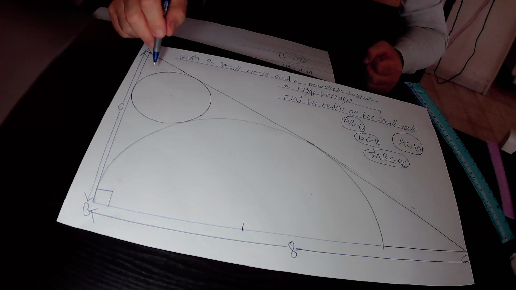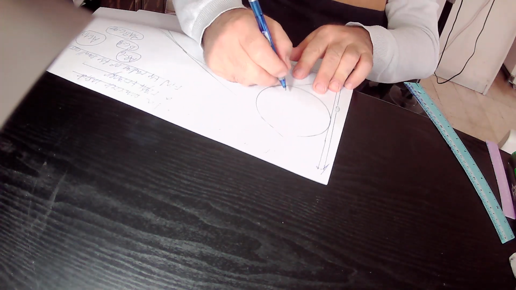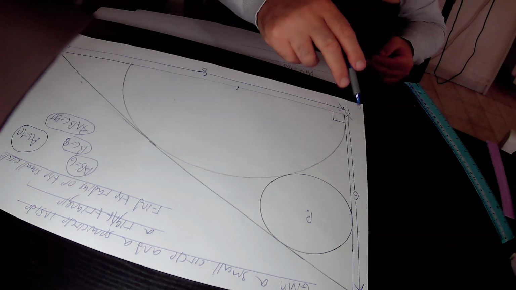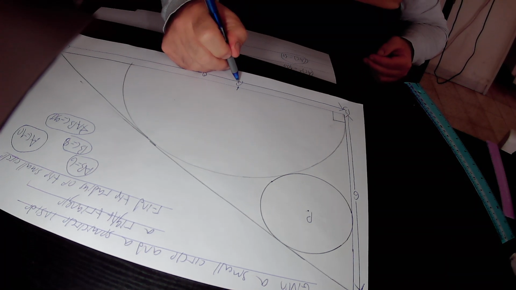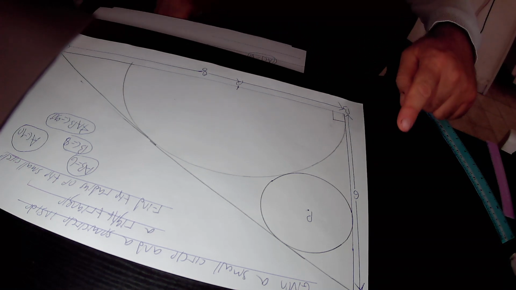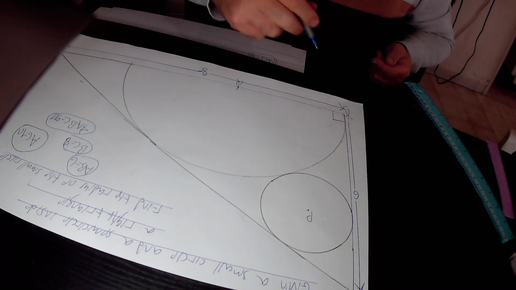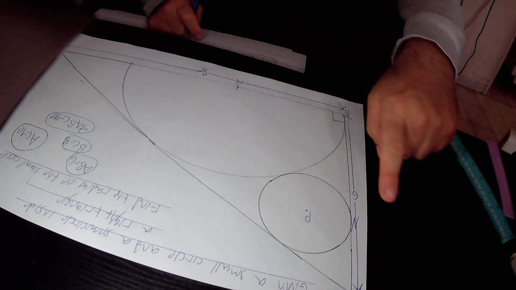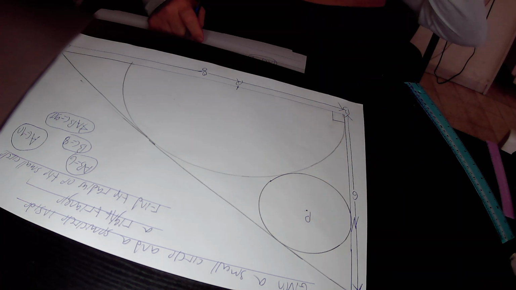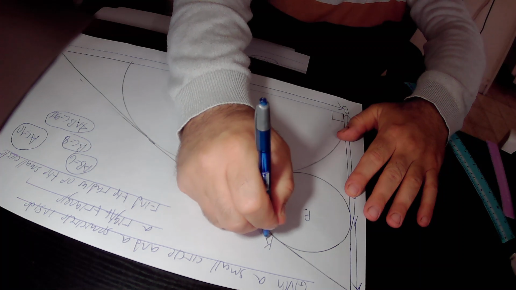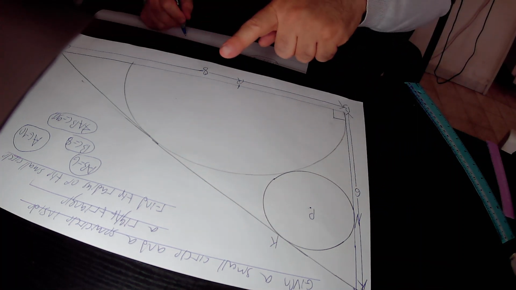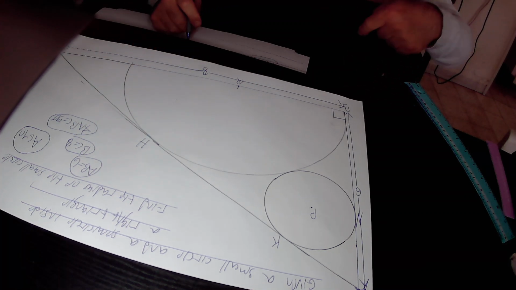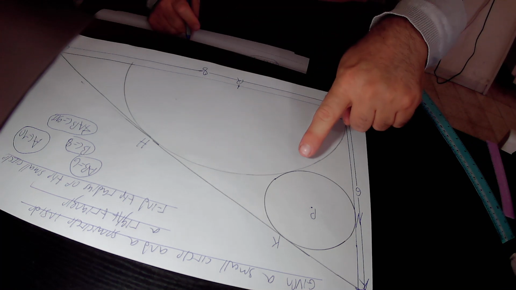We define the center of this small circle as point P. Likewise, we define the center of this big semicircle as point Q. We define the point of tangency of tangent AB with this small circle as point N. Likewise, we define the point of tangency of tangent AC with this small circle as point K. We define the point of tangency of tangent AC with this big semicircle as point H. And finally, we define the touching point of this small circle with this big semicircle as point L.